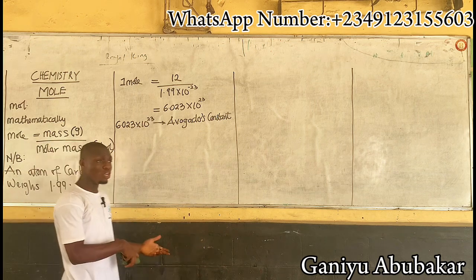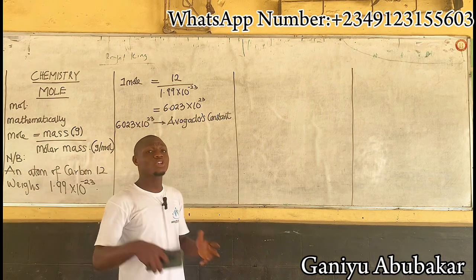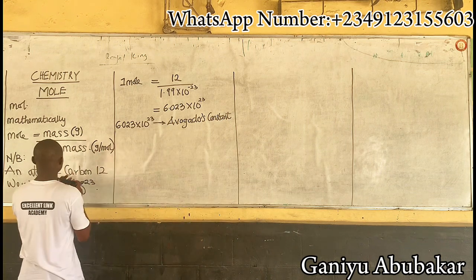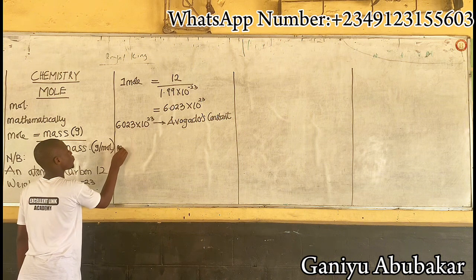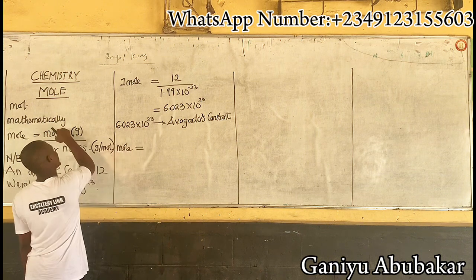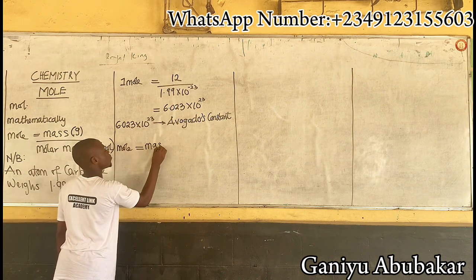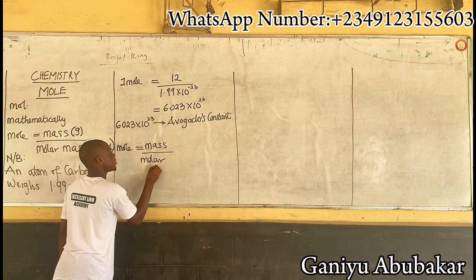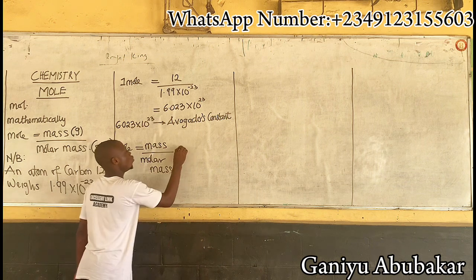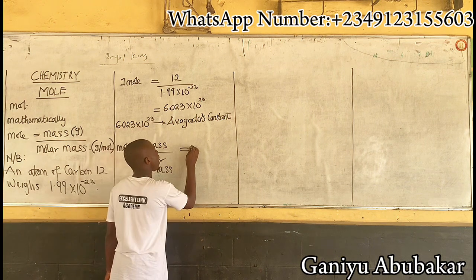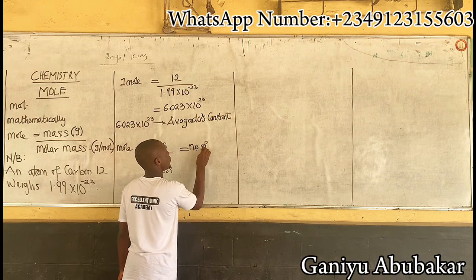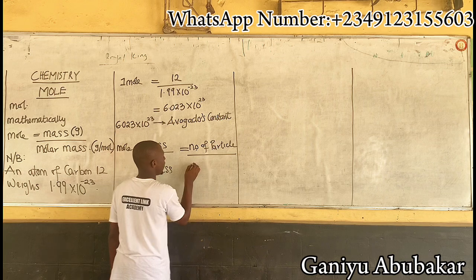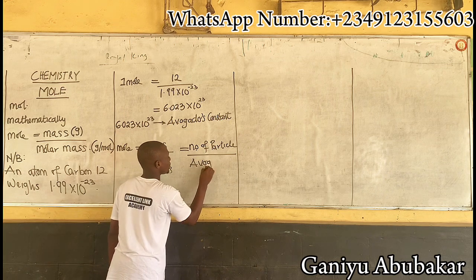So in expressing mole in terms of Avogadro's constant, what do we get? We know that mole is equal to mass all over molar mass, which is equal to number of particles all over Avogadro's constant.